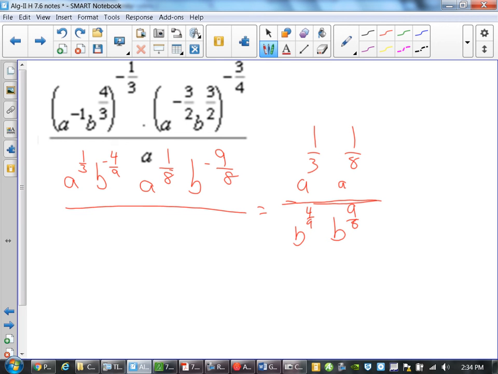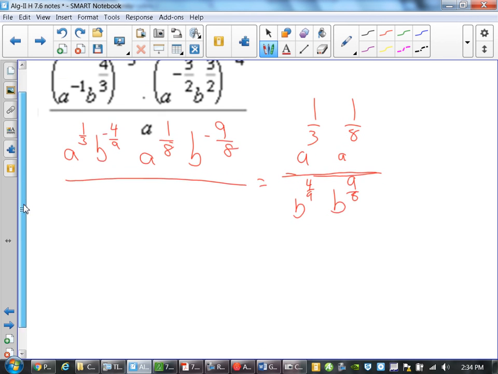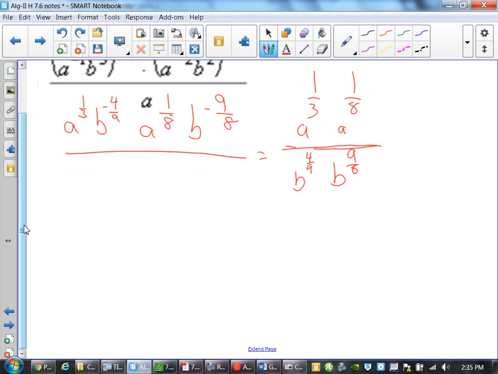So I have to figure out what is 1/3 plus 1/8, and what 4/9 plus 9/8 is. It's going to be 24, so it's going to be 8 over 24 and 3 over 24, so it's 11 over 24.